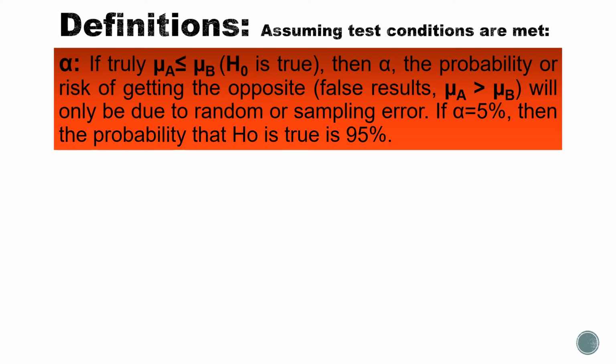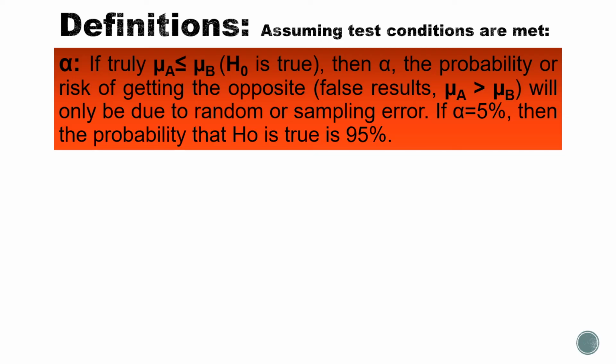assuming that the test conditions are met. If truly the null hypothesis is true, in other words, if truly, in our case, the average hours of sleep of patients who take the new treatment, which is treatment A, is less than or equal to the average hours of sleep of people who take treatment B, then what it means is that alpha, the probability or the risk of getting the opposite result, the probability that the null hypothesis will not be true, as alpha is in support of the alternative hypothesis.